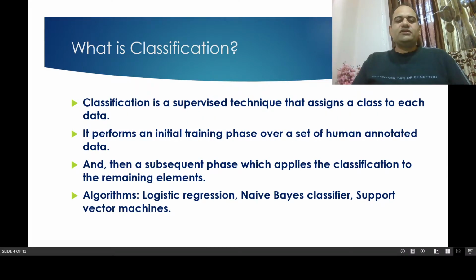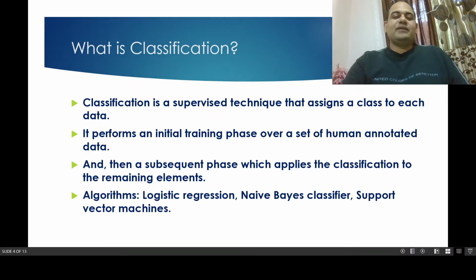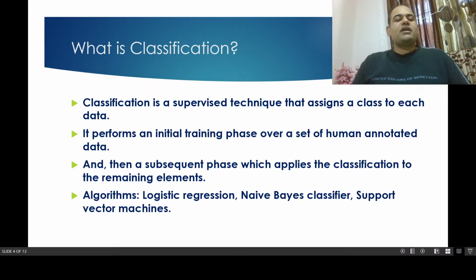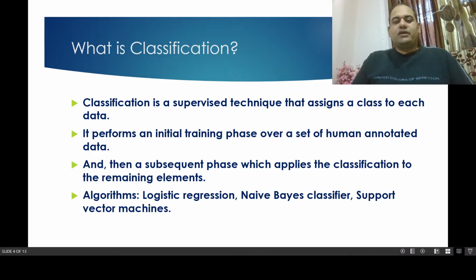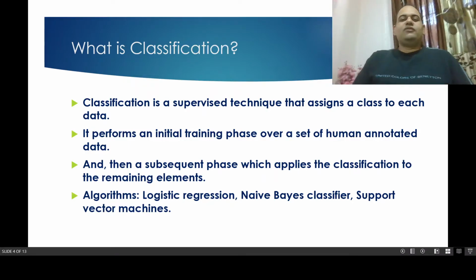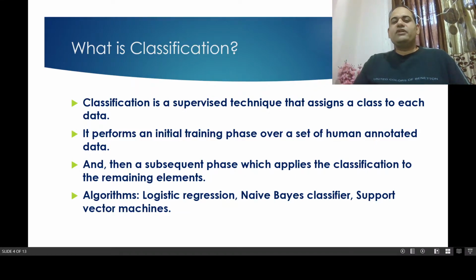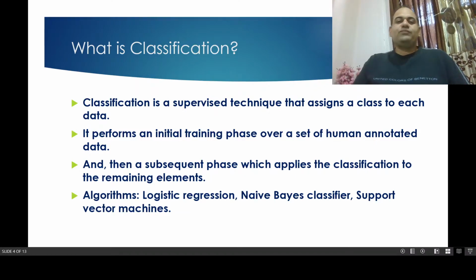So classification is a supervised technique. In this method, there is a class label which is attached with the data already. That means there is a predefined or predetermined set of classes into which the data has to be divided or categorized. So any incoming data is checked for the class label it is associated with, and then based on the class labels, it is categorized into one of these classes.